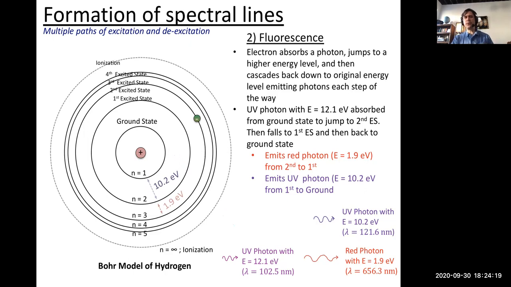And we've seen how an atom can emit a photon, how we can form emission lines, and why there are very specific wavelengths, very specific energies, because you're just watching the electron, say, go from the second excited state to the first excited state. And to do that, it has to give up a red photon. It emits a red photon with an energy of 1.9 electron volts. And then it can go back to the ground state, but it has to give up that 10.2 electron volts of energy, so it emits a photon.